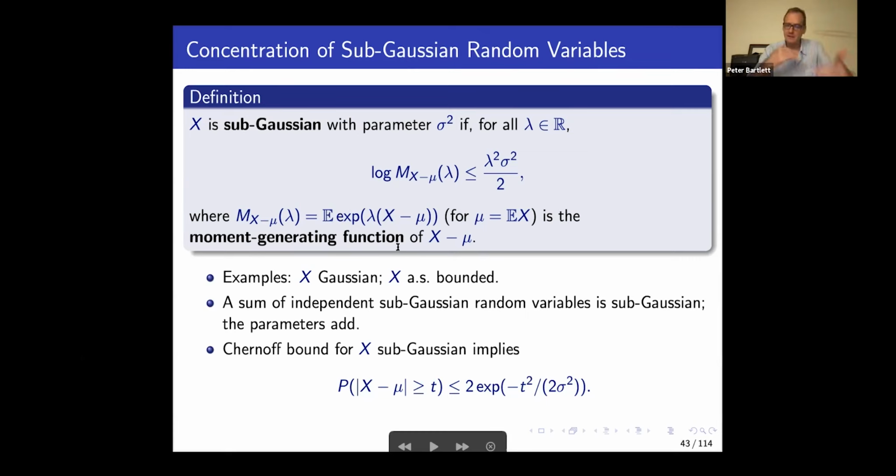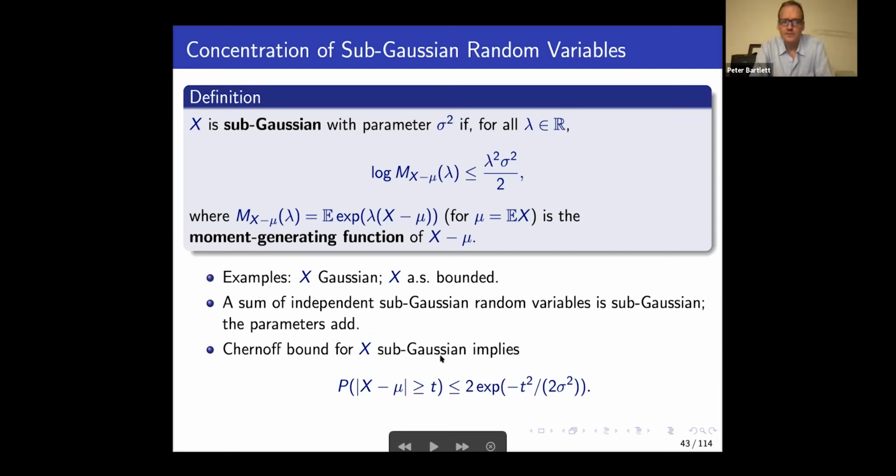There's a slick inequality of that sort: when you have this information about the moment generating function, so when you have a sub-Gaussian random variable, you can use this Chernoff argument to show that the probability that the variable deviates from its expectation by more than some fixed quantity goes down like e to the minus that quantity squared. And the normalization, the constant in here, is the parameter sigma squared. This is exactly the sort of tail behavior we see for Gaussians. So for sub-Gaussians, we're getting very much Gaussian behavior.